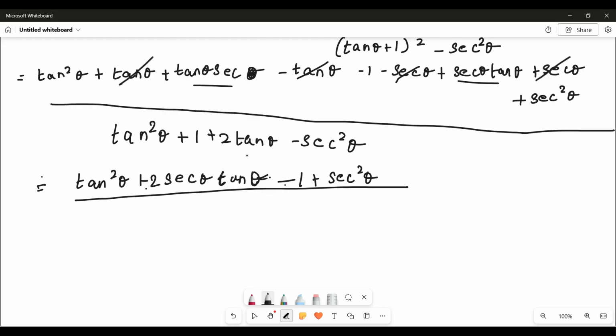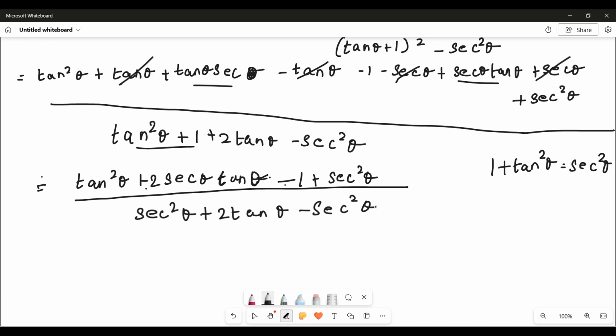Now in the denominator you have tan square theta plus 1. So we apply the formula: 1 plus tan square theta equals secant square theta. So this becomes secant square theta plus 2 tan theta minus secant square theta. So this and this get cancelled, and you have 2 tan theta. What is tan square theta here? Tan square theta is nothing but secant square theta minus 1.